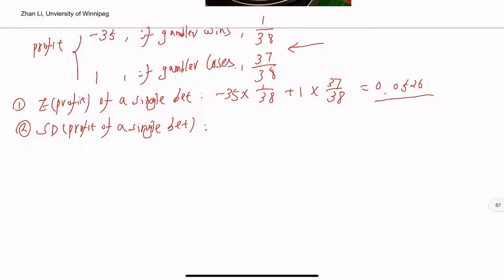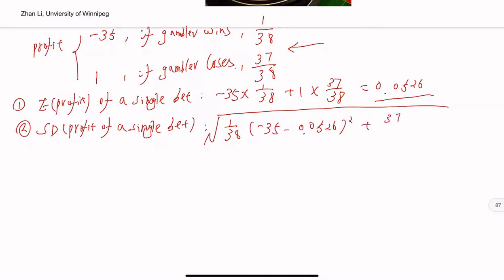So it's the square root of variance. And variance is calculated by probability times squared deviation. So minus 35 minus the expected value plus 37 divided by 38.